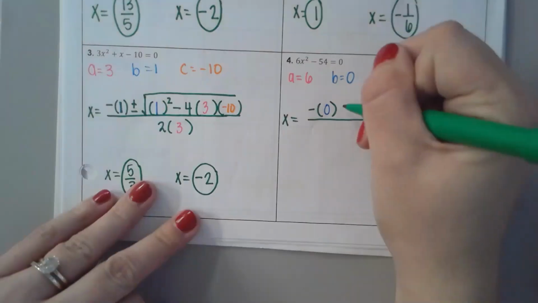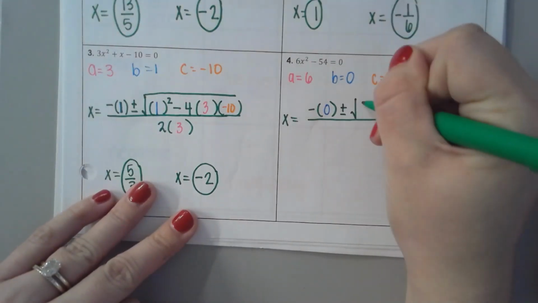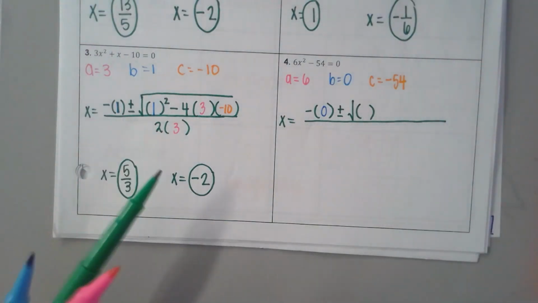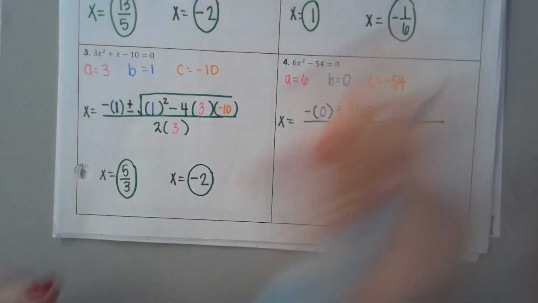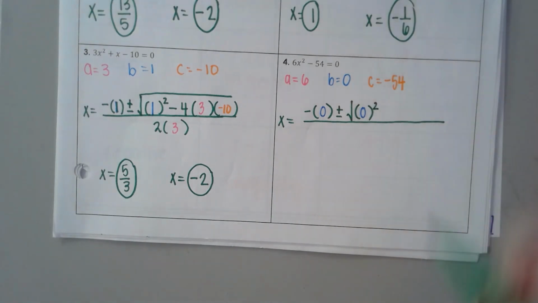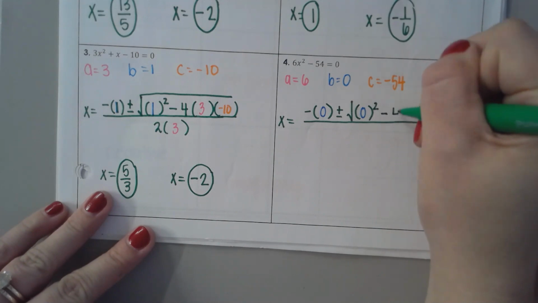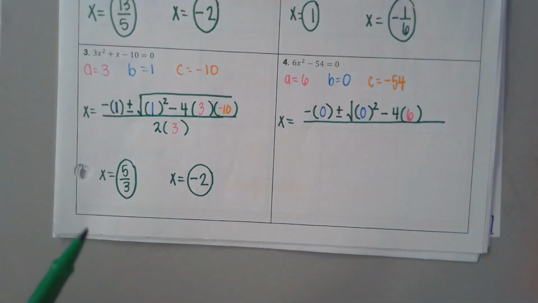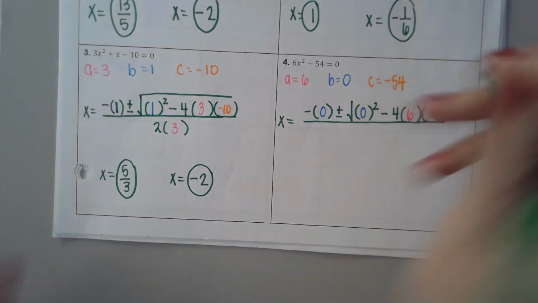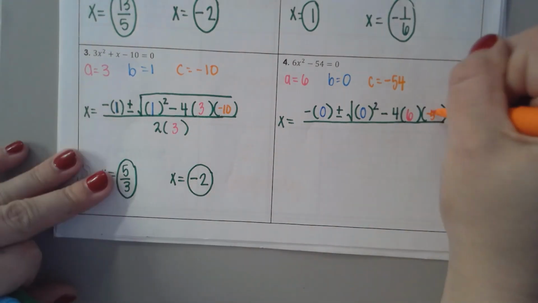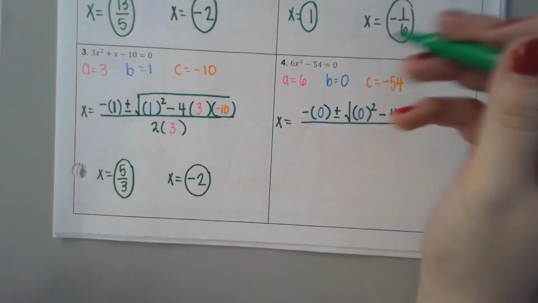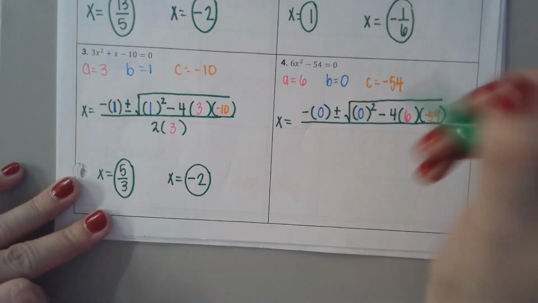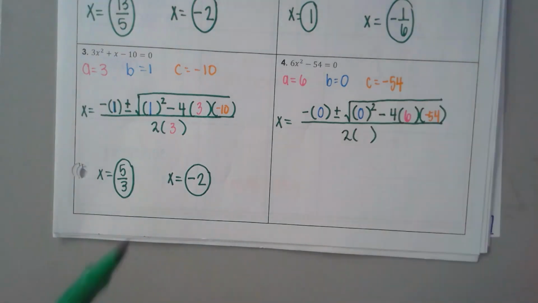Plus or minus the square root of b, which is 0, squared, minus 4, and then my a, which is 6, and my c, which is -54. And then on the bottom is 2 times a, which is 6.